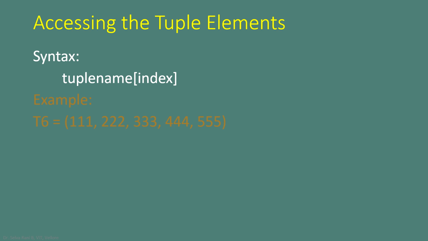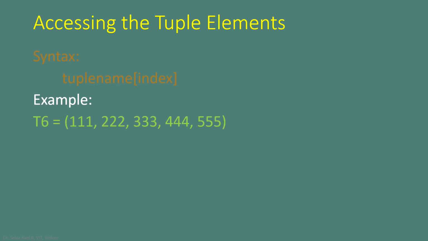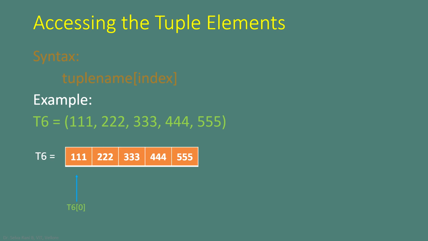To access a single element, we need to give the tuple name and the index of the particular element inside the square bracket. For example, if the tuple T6 is having 5 elements, triple one, triple two, triple three, triple four, and triple five, the position of the first element triple one is 0.